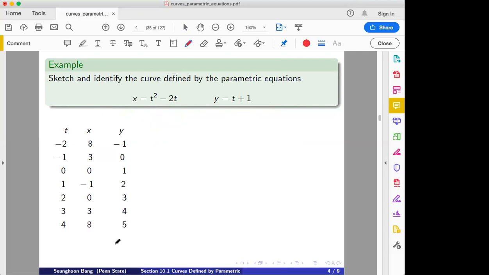Next, you have to plot these points on the xy plane. You can draw the xy plane here, like this, and I can draw the graph here.